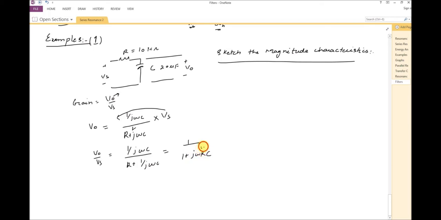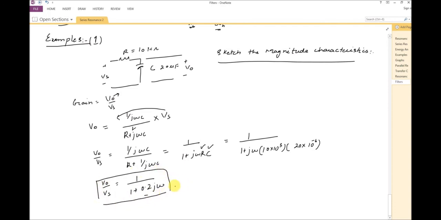We know the value of resistance and we also know the value of capacitance, so it will become 1 over 1 plus j omega times the resistance value 10k and the capacitance value 20 microfarad. So after solving, the gain transfer function will become 1 over 1 plus 0.2 j omega.